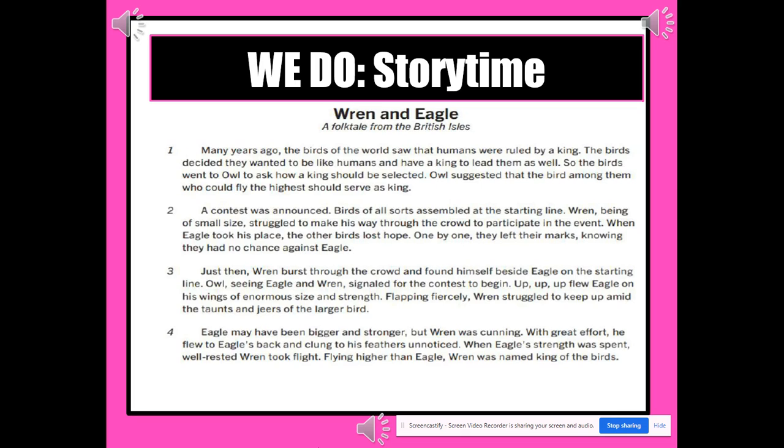With great effort, he flew to Eagle's back and clung to his feathers unnoticed. When Eagle's strength was spent, well rested Wren took flight, flying higher than Eagle. Wren was named King of the Birds.